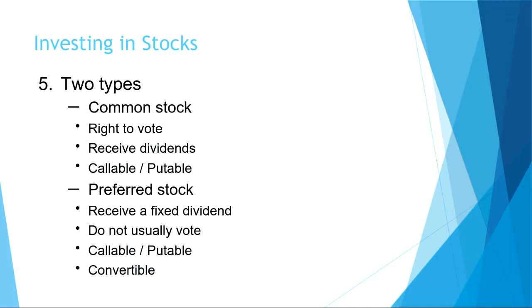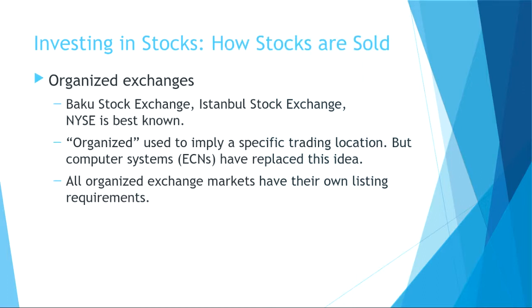Good. Let's move on to the next slide. Okay. How are stocks sold? Right. Stocks are traded in both organized exchange markets like Baku Stock Exchange, Istanbul Stock Exchange, New York Stock Exchange, or over-the-counter market, OTC market. Let's talk about the organized market first, then I'll explain the OTC market as well, right? Organized markets like Baku Stock Exchange have a specific location, right?